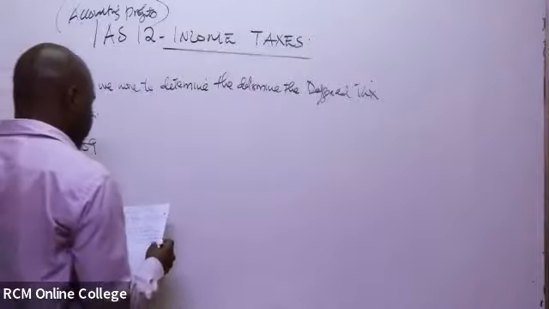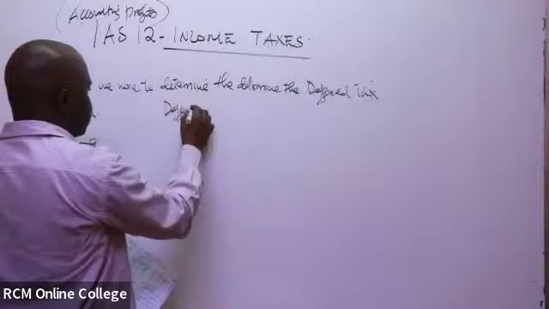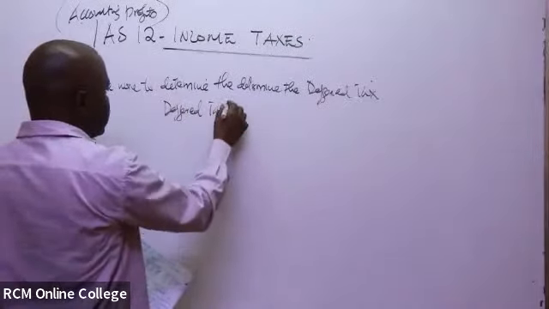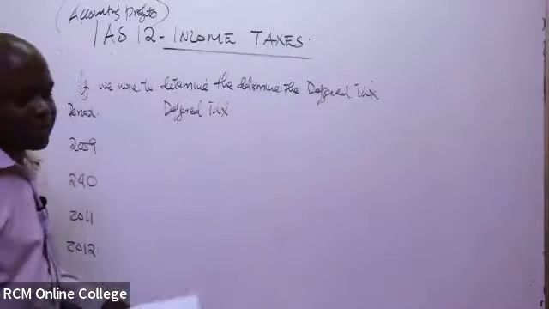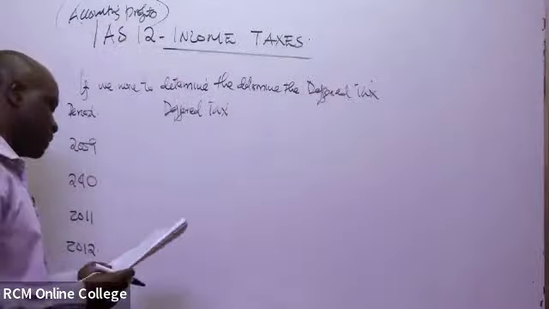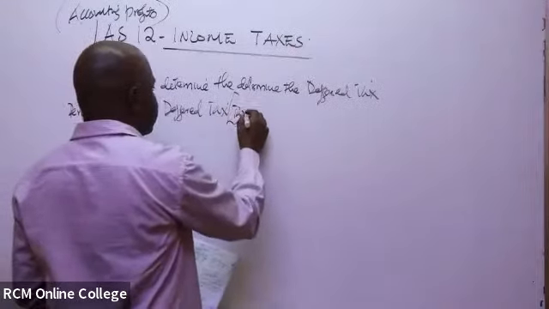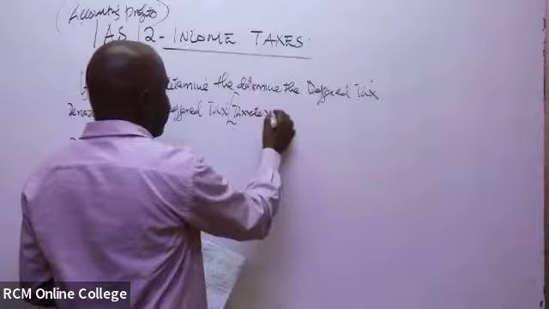So directly the deferred tax, remember this as I indicated earlier, you simply take the tax rate and multiply by the temporary difference. So this will be the tax rate multiplied by the TD.